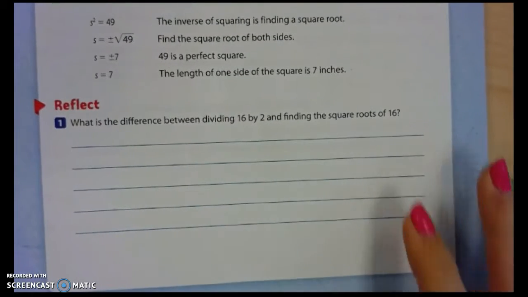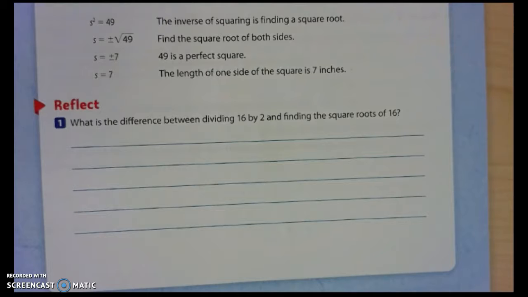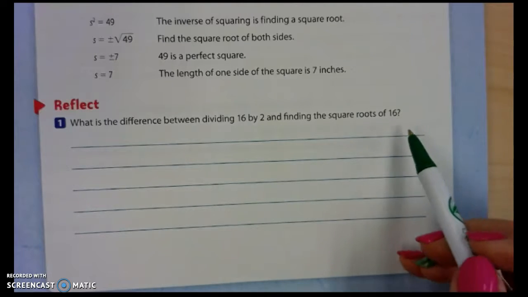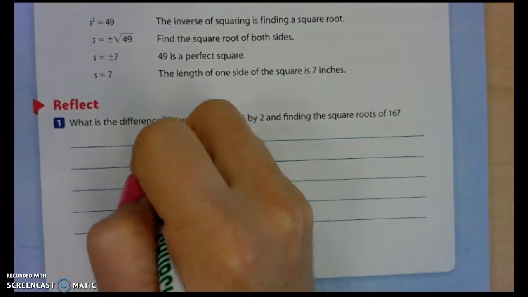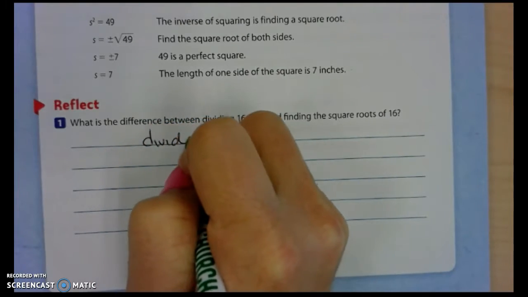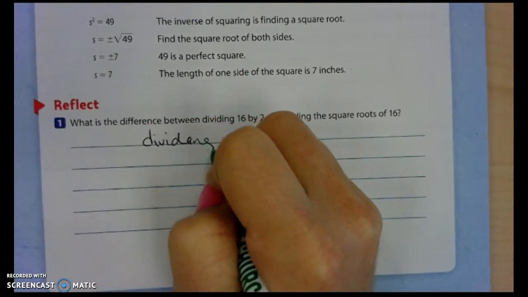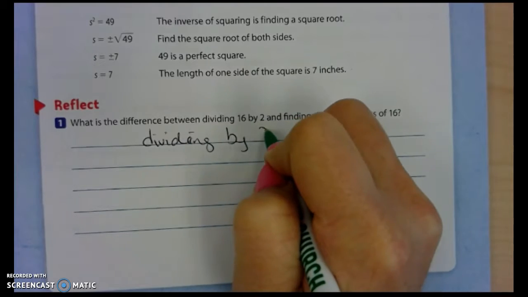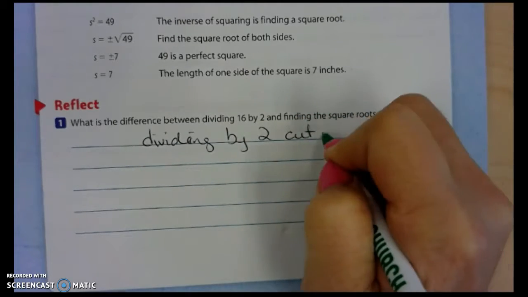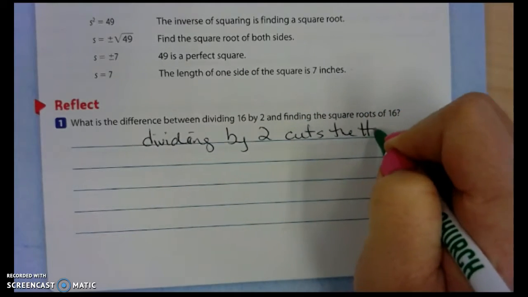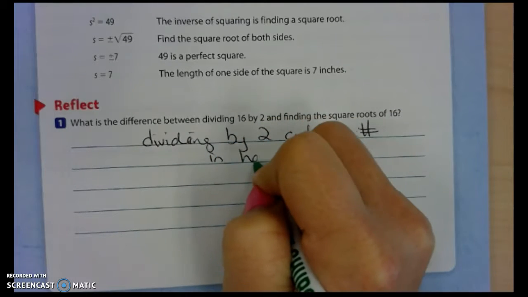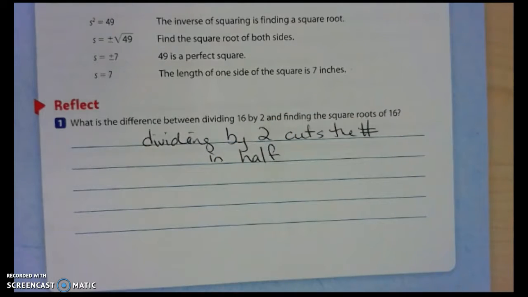What is the difference between dividing 16 by 2 and finding the square root of 16? When you divide by 2, okay, dividing by 2 cuts the number in half. Okay, it gives you half the value.